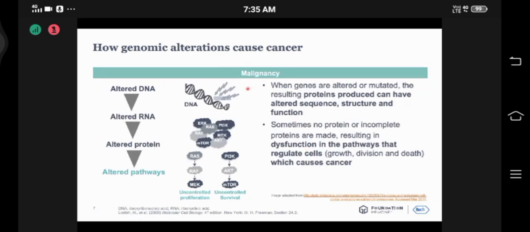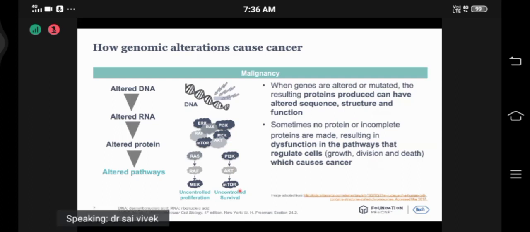When there is an alteration at any level, when genes are altered or mutated, the resulting proteins produced can have an altered sequence, structure, and function. So if the RAS, RAF, MEK pathway proteins are altered, we have uncontrolled proliferation. If the PI3K, AKT, mTOR, which is one of the other major pathways, is altered, we can have uncontrolled survival.